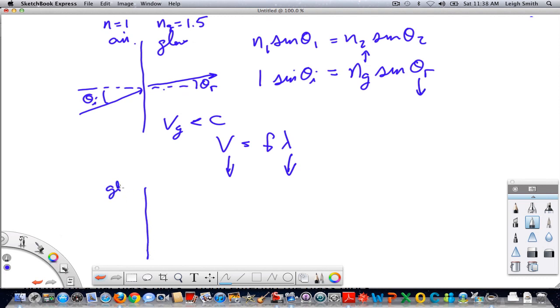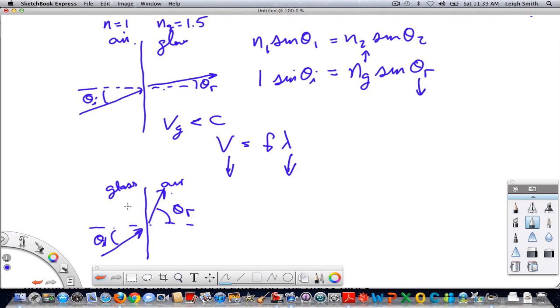If you go between glass and air, and let's say this is the normal, as it comes in at some incident angle, then actually when it gets into the air, the angle increases, because essentially it's going from a higher index of refraction to a lower index of refraction.